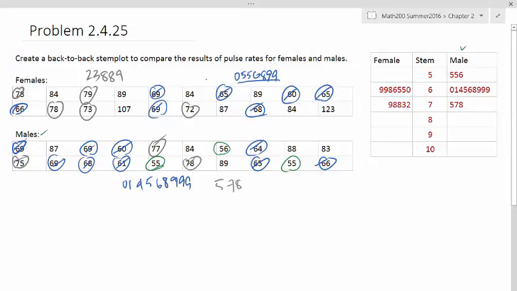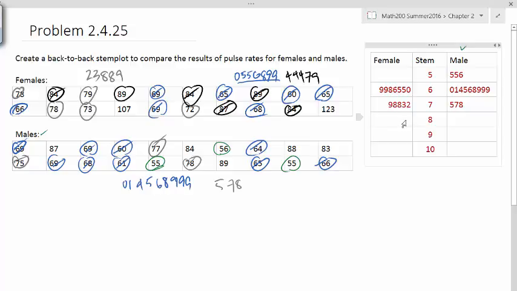Alright, we are now in the 80s. We have an 84, 89, 84, 89, 87, and 84. So in order, there's a 4, a 4, and another 4. There's 3 4s, and then a 7 and a 9.